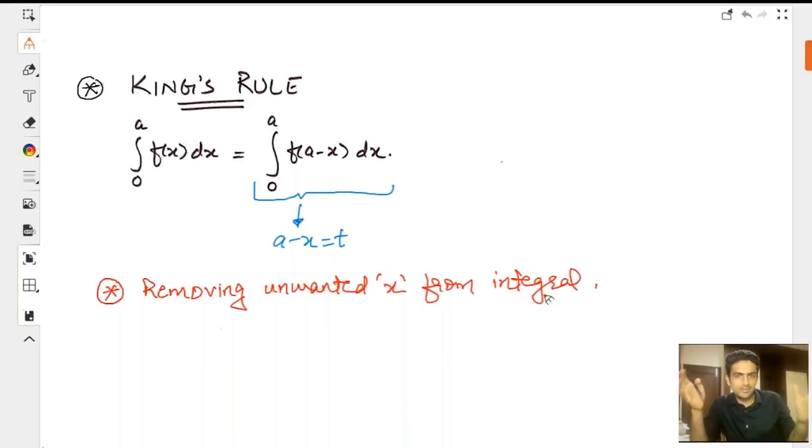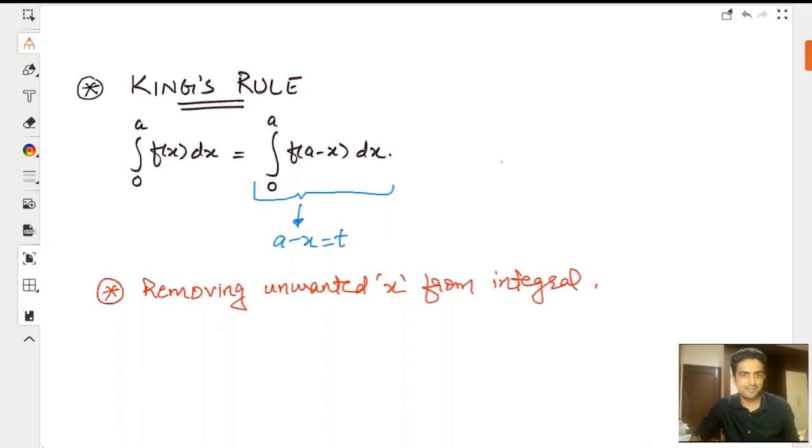Say there is some integral where you want to integrate something from 0 to a, and that integrand is having some term of x which you just wish that perhaps it will be better if this term is not there. So that is where this property will immediately come into role and it will help you to remove that x.